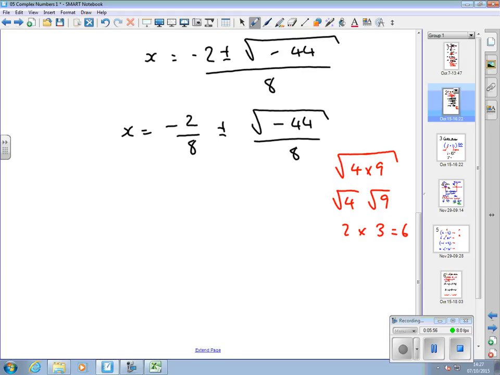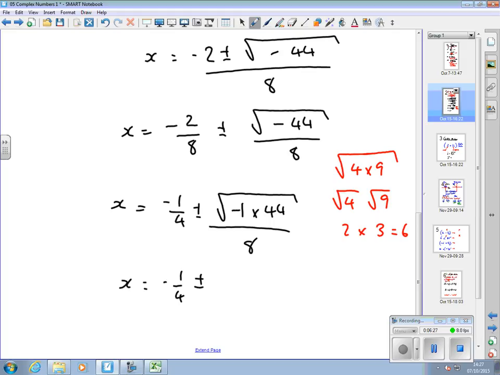I can say, okay, the only bit that's difficult about this is minus a quarter, plus or minus the square root of, let's do this. Let's split the minus 44 into minus 1 times 44. And yeah, why not? Because minus 1 times 44 is minus 44. So then I can say that means x equals minus a quarter plus or minus the square root of minus 1 times the square root of 44 over 8.